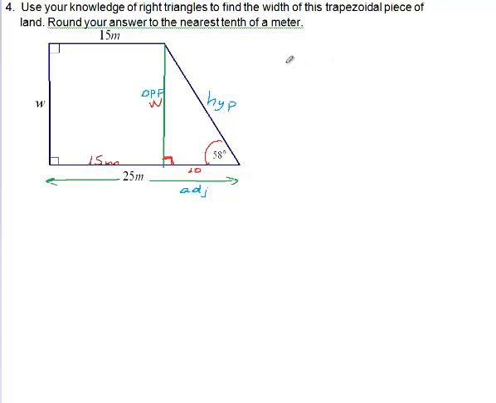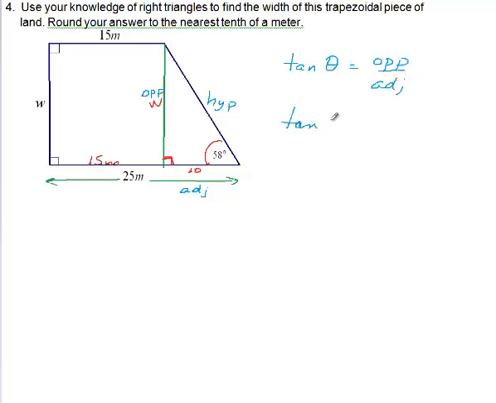So which of the three ratios uses opposite and adjacent? And it is tan. So the tan of an angle, remember, is equal to the opposite side divided by its adjacent side.